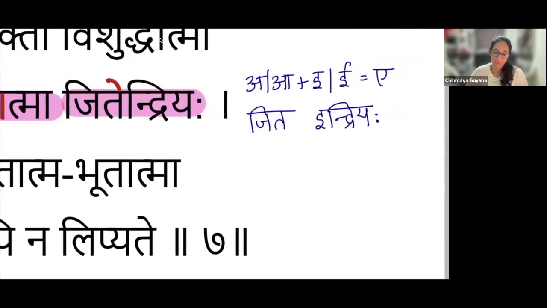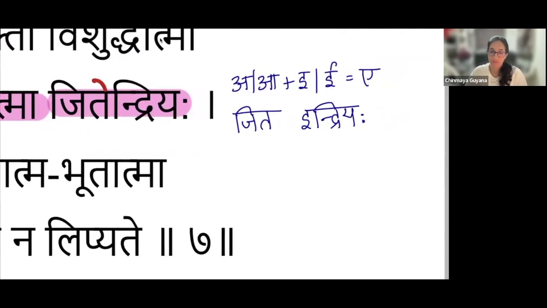Then the other one. A comes from what? A comes from A or A plus I or E equals A. So Jitendriyaha will be Jita plus Indriyaha.